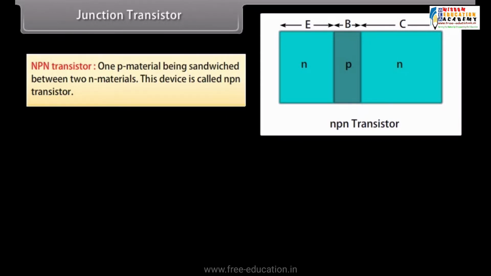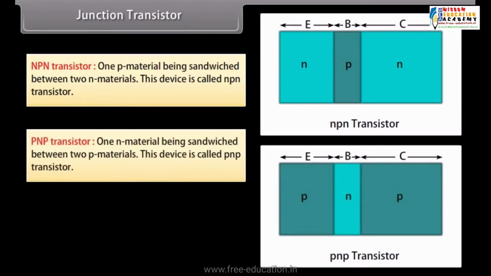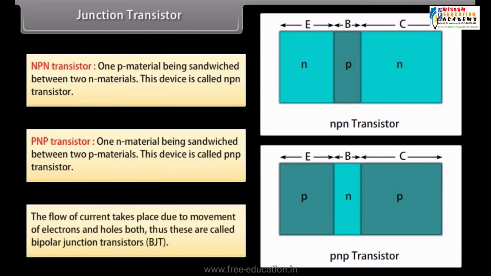This device is called an NPN transistor. PNP transistor: one N material sandwiched between two P materials. This device is called a PNP transistor. The flow of current takes place due to movement of both electrons and holes. Thus, these are called bipolar junction transistors.